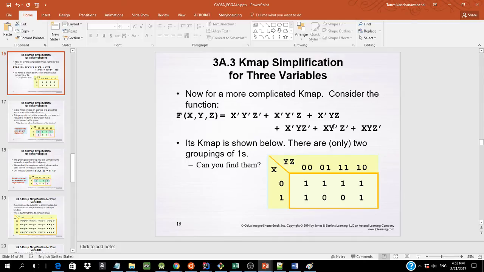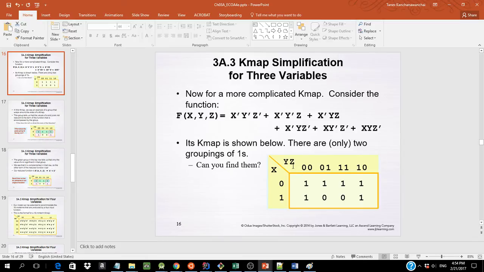But his question is, we can have x plus y, right? X bar plus y bar plus z bar, times x bar plus y bar plus z, times x bar plus y plus z, times and so on. That's called the product of sums. So if we came up with that, the result would have to be multiplied.